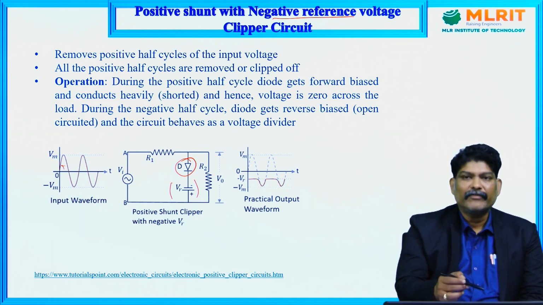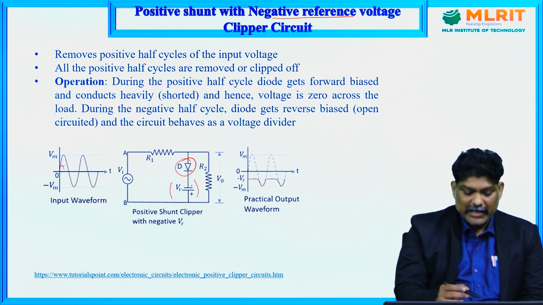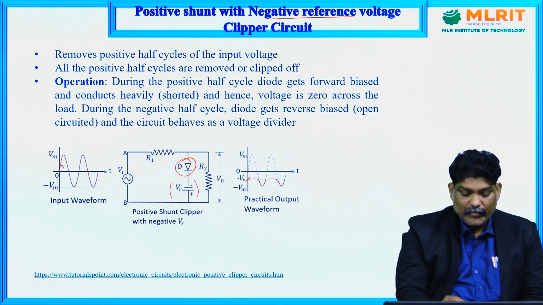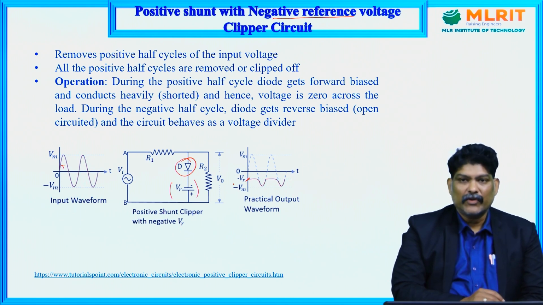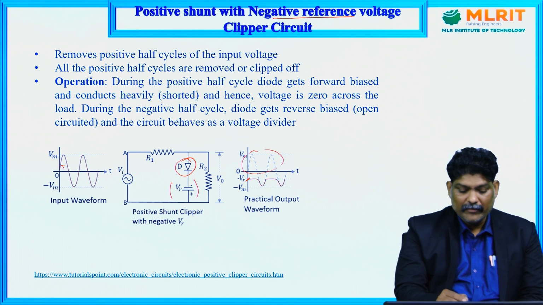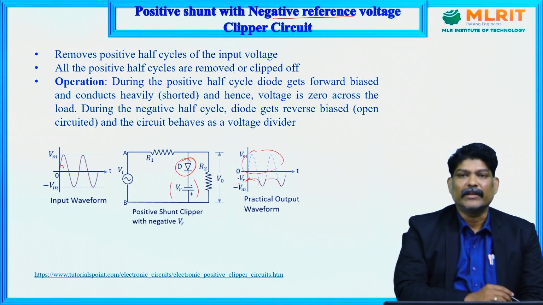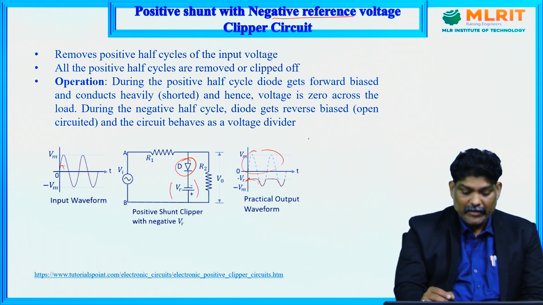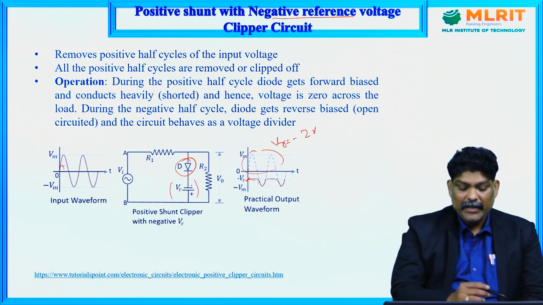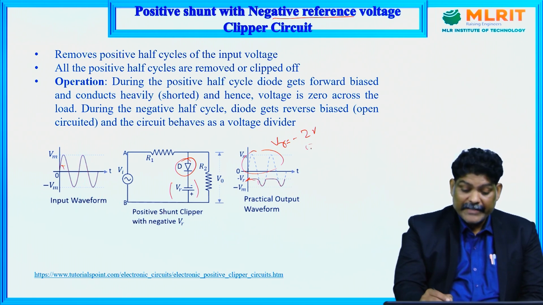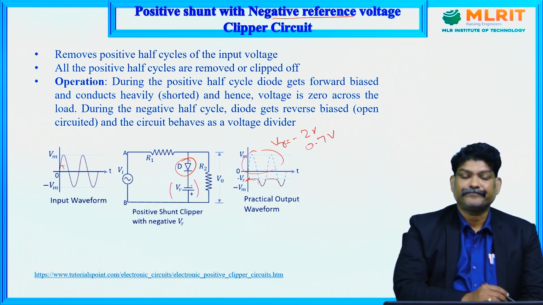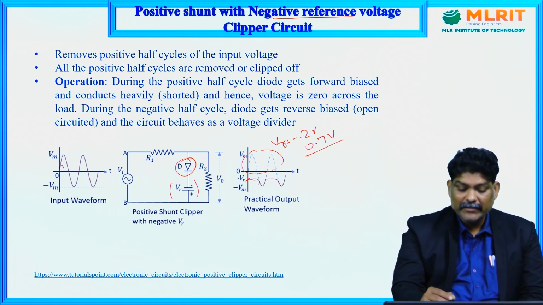So beyond the reference voltage only the diode starts conducting. Hence the positive portion will be clipped off and the remaining will be from minus VR, the reference voltage. For example, VR is equal to minus 2 volts, and there will be a 0.7 cut-in voltage. So 0.7 minus 2, it is approximately minus 1.3 volts.